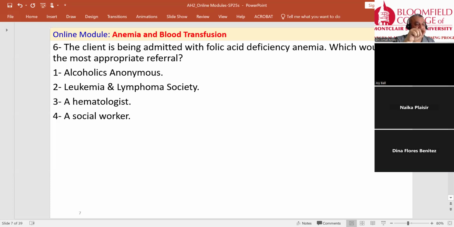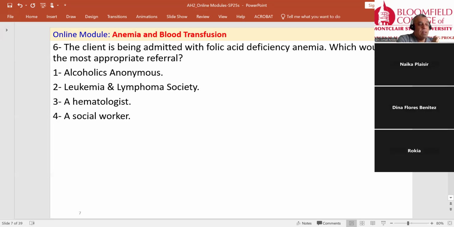Knowing the concept we mentioned earlier about high risk, who would be at high risk for folic acid deficiency anemia? Could it be A, since we talked about alcoholic clients? Yes, most patients diagnosed with folic acid deficiency anemia developed it from chronic alcohol abuse.